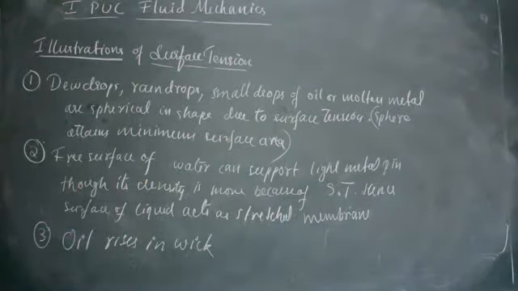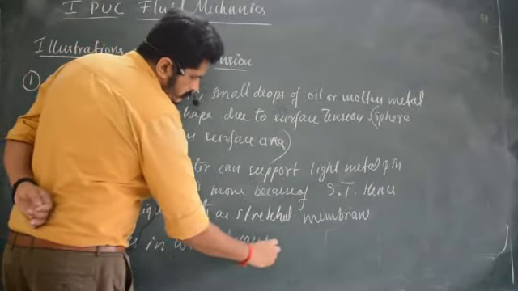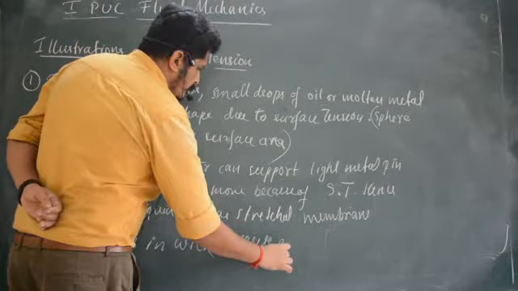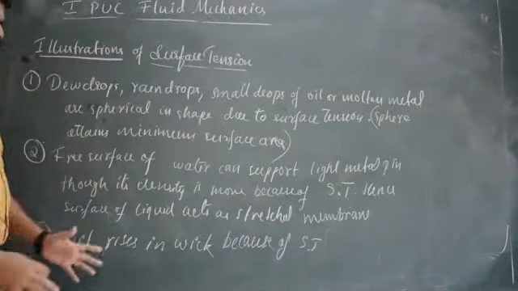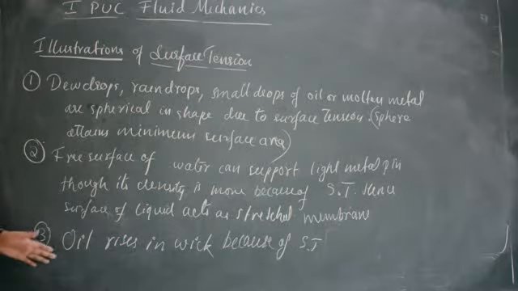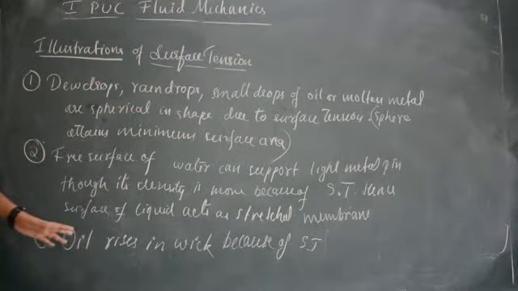So oil rises in wick because of surface tension. How it rises, I already told you, because here I cannot give you all the explanation about it. How it rises is small pores between the threads due to surface tension.